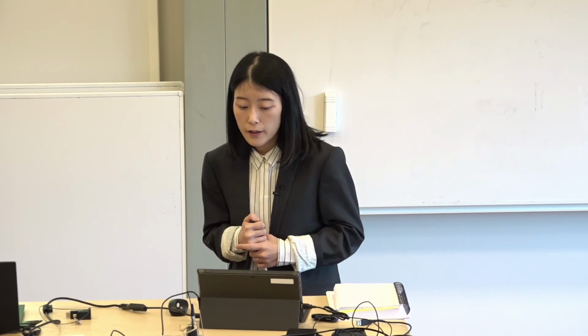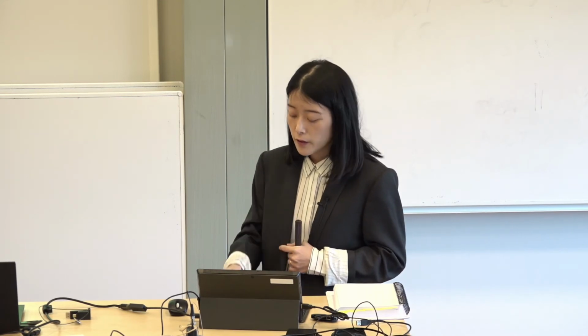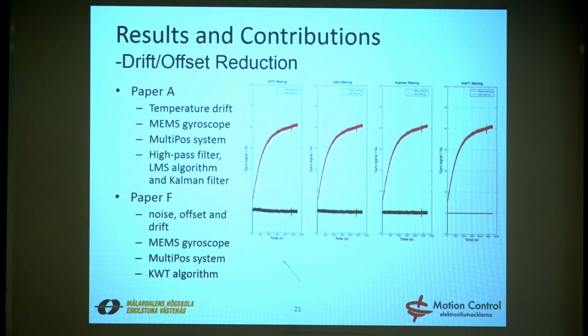And a systematic review of signal error reduction for MEMS gyroscope-based human motion analysis system for both research question 1 and 2, presented in paper G. This is a summary of results and contributions for drift and offset reduction.